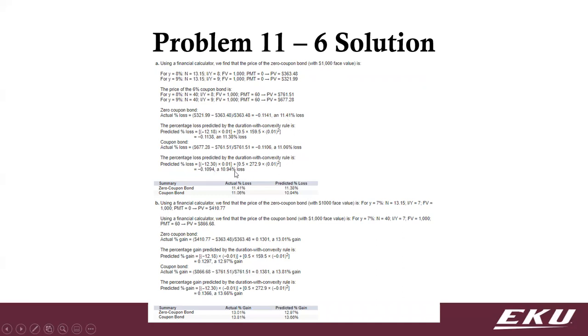Based on those losses, and then what we would have with the duration convexity rule, where it's just negative duration times that change, and then 1/2 of the convexity times that change squared.